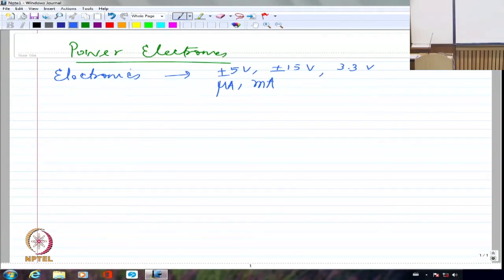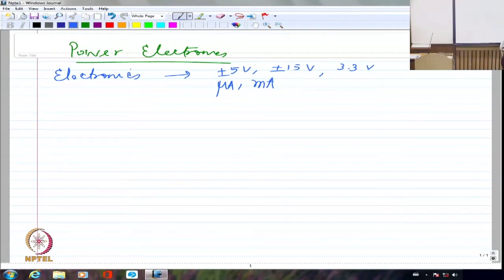As far as currents are concerned, they may be microampere, milliampere, at the most a few amperes, not even 10 ampere, generally less than that. Most of the time you will handle very small power levels, of the order of a few watts or a few milliwatts, nothing more than that.